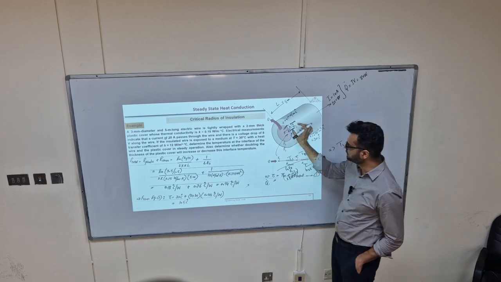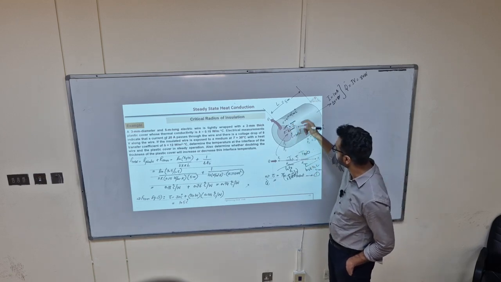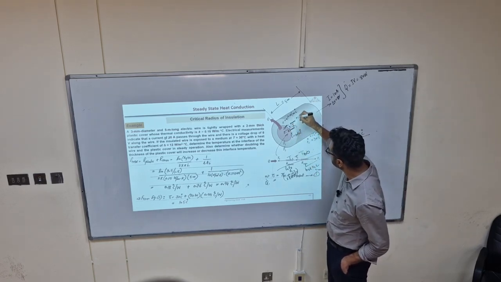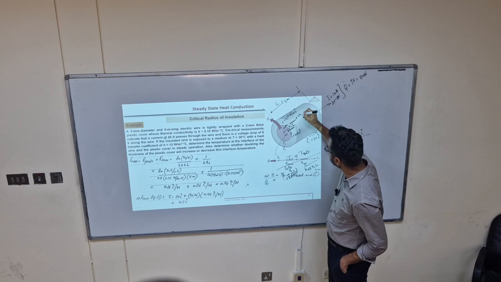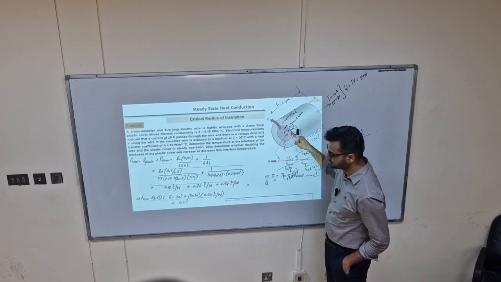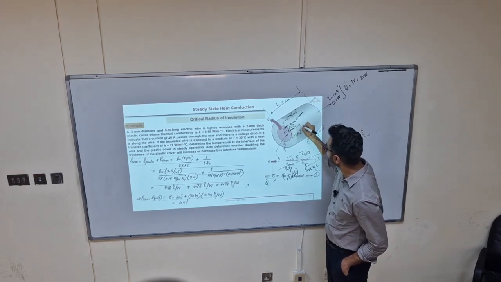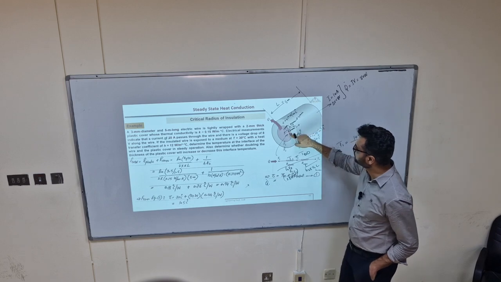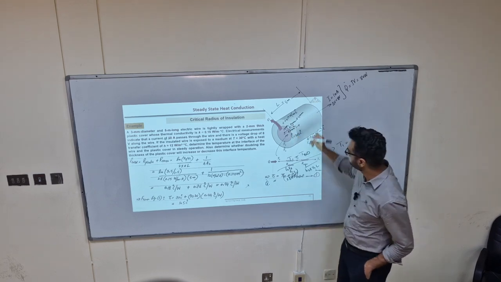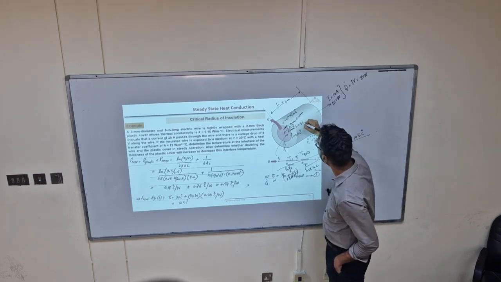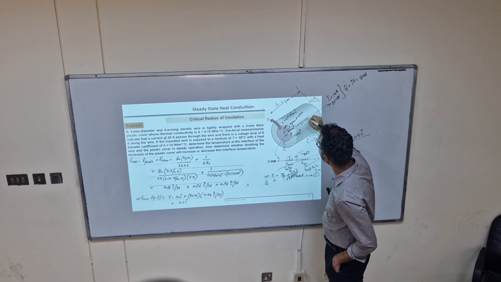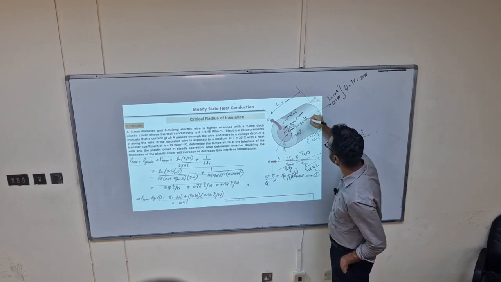Now the next part. If we double that thickness, this will become 4 mm, which means R2 will become 3.5 plus 2, 5.5 millimeter. This will be your new R2.